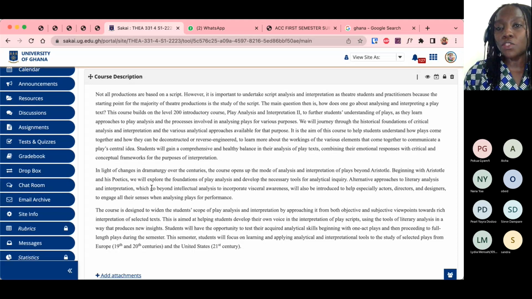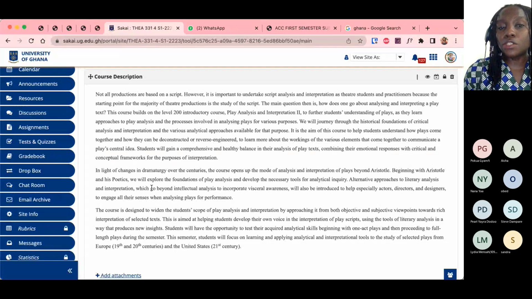Not all productions are based on a script. However, it is important to undertake script analysis and interpretation as theater students and practitioners because the starting point for the majority of theater productions is the study of the script. The main question then is, how does one go about analyzing and interpreting a play text?